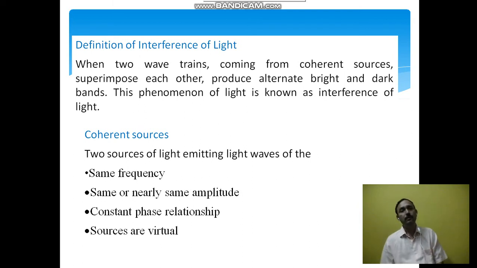Now the question is, what do you mean by coherent sources? Two sources of light emitting light waves of the same frequency, same or nearly same amplitude, constant phase relationship, and the sources are virtual.